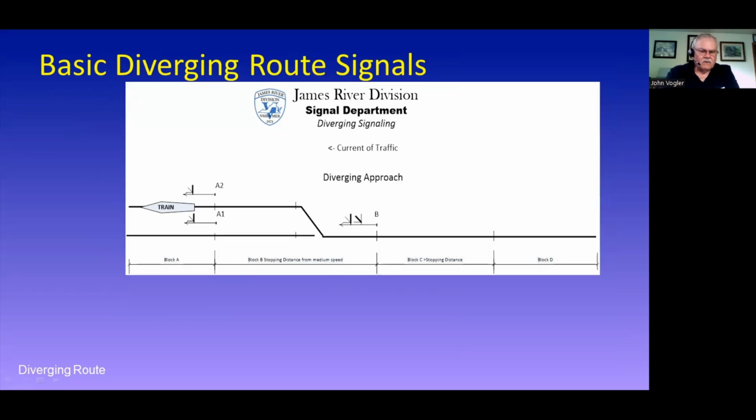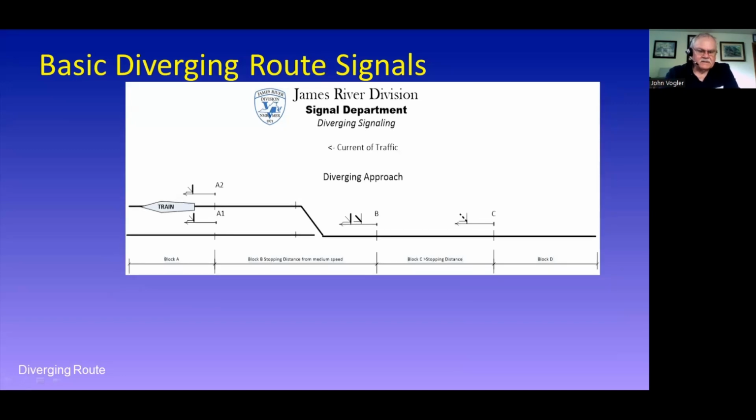So our signal now, I said A1, but it's to either A1 or A2, but in particular A2. Our signal now at B is saying a diverging approach, which says approach the next, diverge through the crossover and approach the next signal prepared to stop.